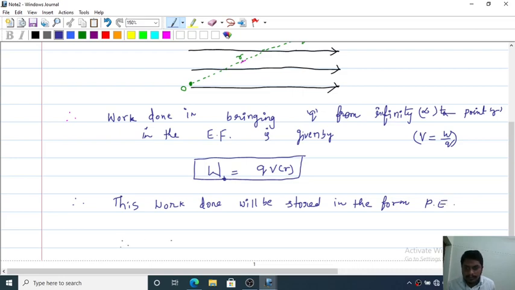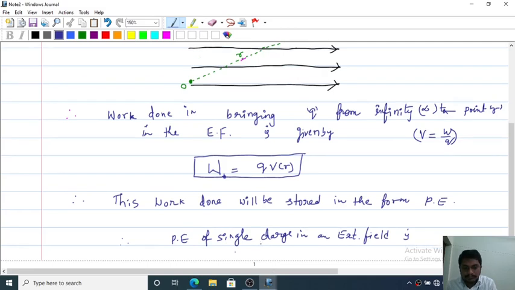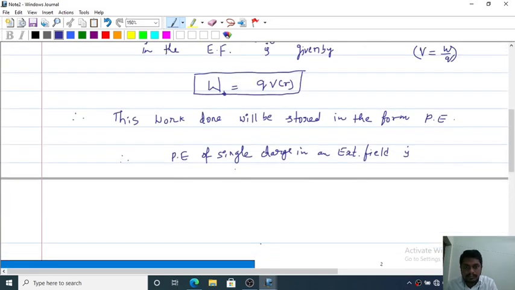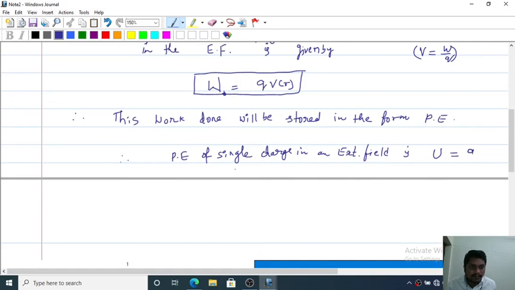Therefore, the potential energy of a single charge in an external field is given by U is equal to Q into V of r.